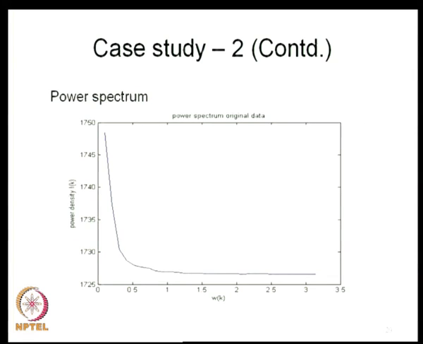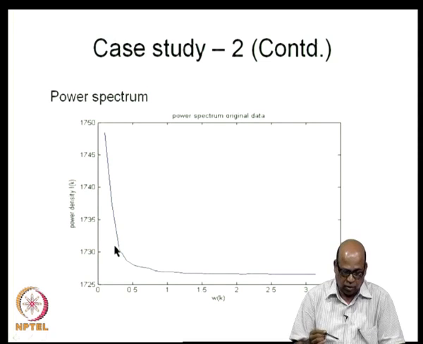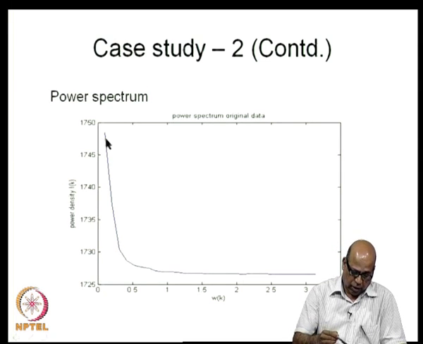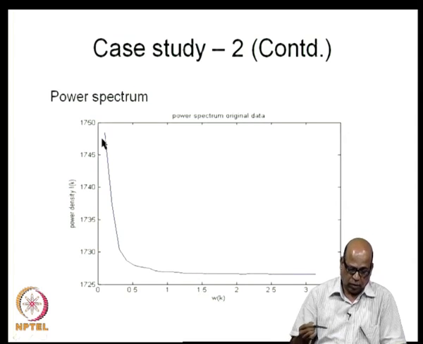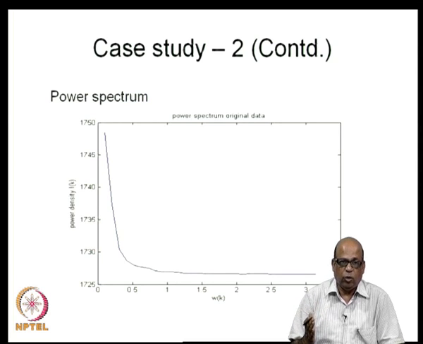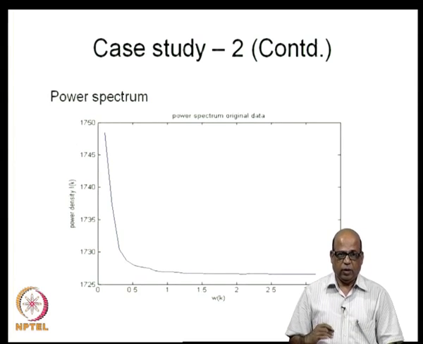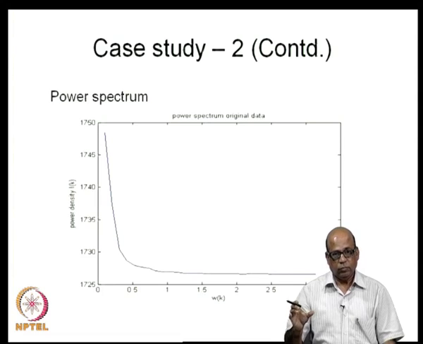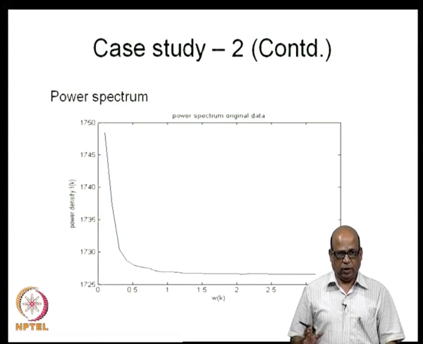Now, we look at the power spectrum. The power spectrum indicates for this particular case study that the lower frequencies dominate. And when I discussed examples of theoretical AR models, typically this is what we brought out, that the power spectrum for one AR2 model you may have lower frequencies dominating, for some other AR2 model you may have middle level frequencies dominating, and so on.